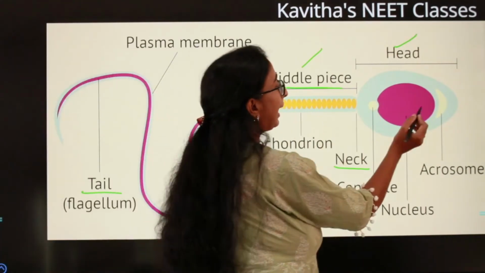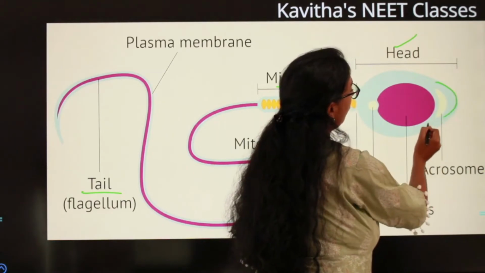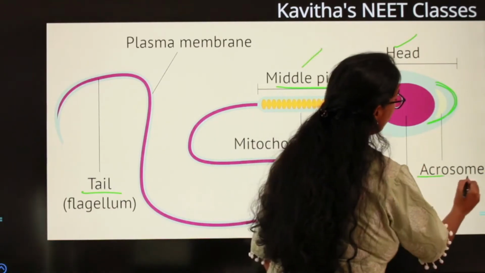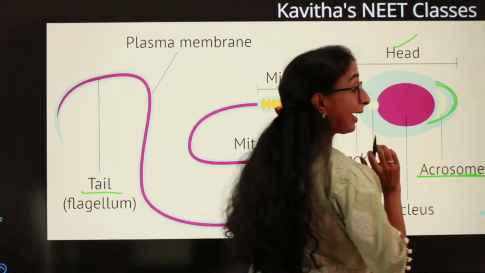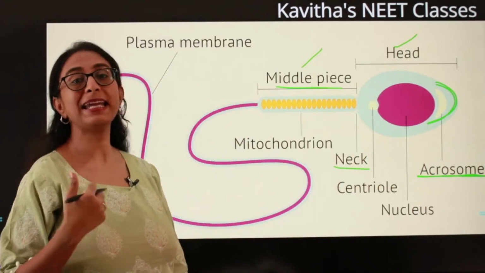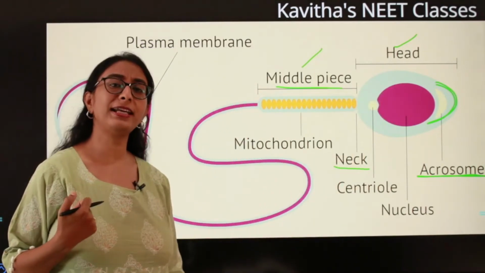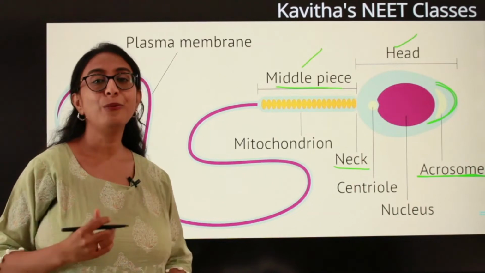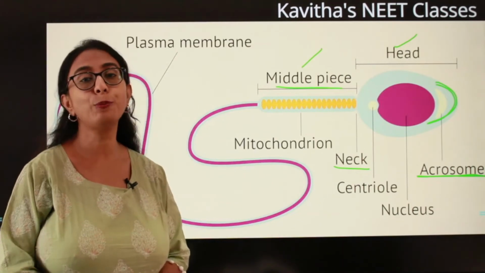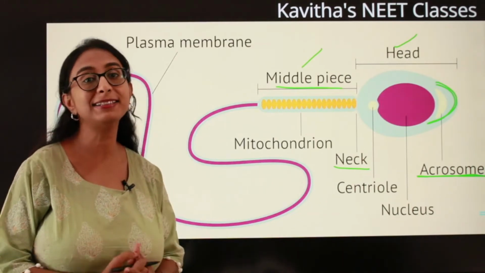The head has a cap-like structure which is called the acrosome. The acrosome has proteolytic enzymes. What do we mean by proteolytic enzymes? The enzymes which are capable of breaking down or digesting proteins.